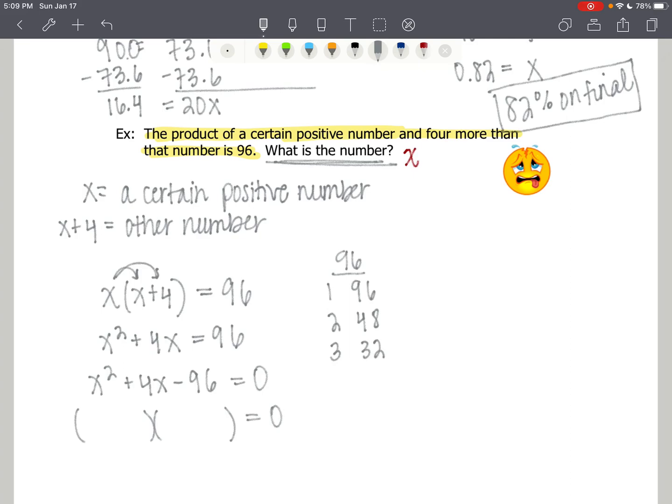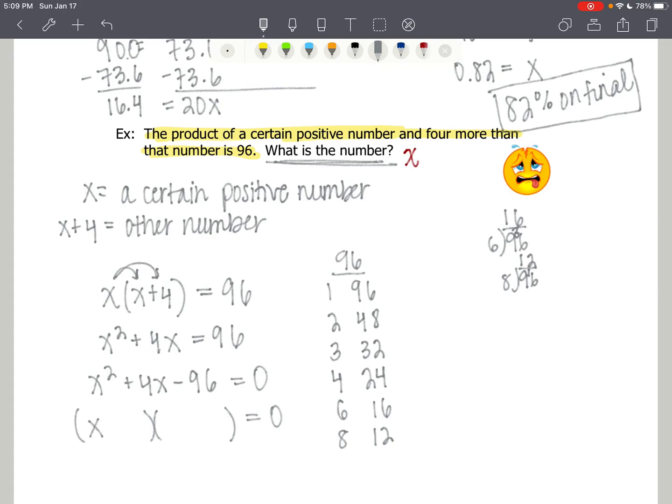So 3 and 32. 4 goes into 96 24 times. 5 does not. 6 goes into that number, 6 and 16. 7 does not go into the number. 8 does go into the number. 8 goes into 9 once with 1 left over, so 8 and 12. 9 does not, 10 does not, 11 does not, and 12 does. So that's how I can find all my factors of 96.